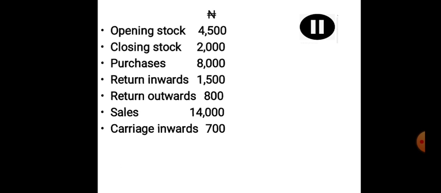Let's solve a typical example of a trading account. I need you to pause this video so that you can write the questions down. This will help us to flow when I start solving. So you have your opening stock, your closing stock, your purchases, return inwards, return outwards, sales and carriage inwards.